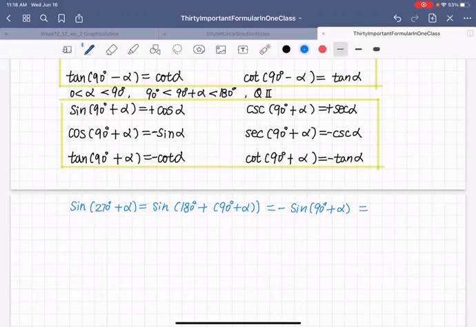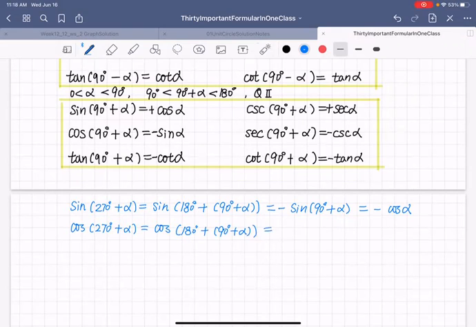And then this becomes the negative of cosine alpha. We just use this formula from here into here. If we have cosine 270 degrees plus alpha, this will equal cosine 270 degrees. We change it to two steps, which is 180 plus 90 plus alpha.